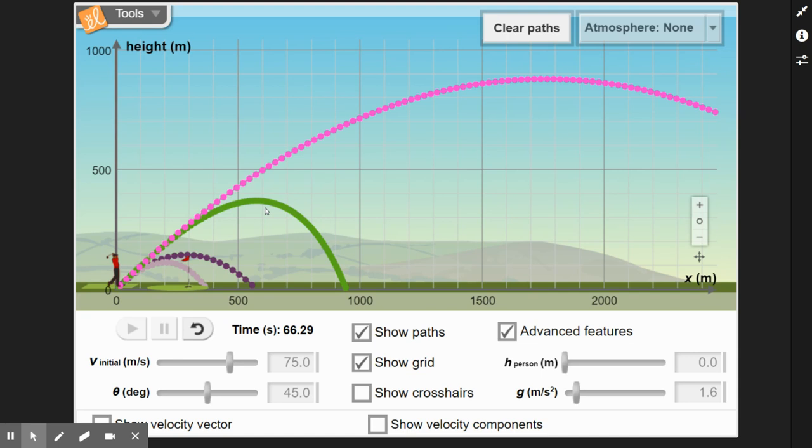So if I launched it at 40, 1 second later it's at 30. The next second it should be at 20. At 3 seconds it should be at 10, and at 4 seconds it should have lost all of its speed in the vertical direction. Then the next second it's at negative 10, then negative 20, and then negative 40 until it hits your hand.